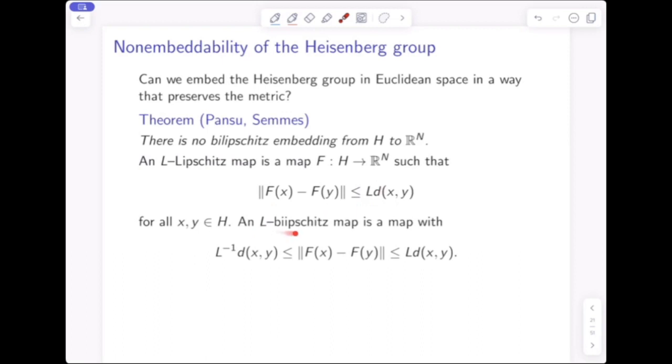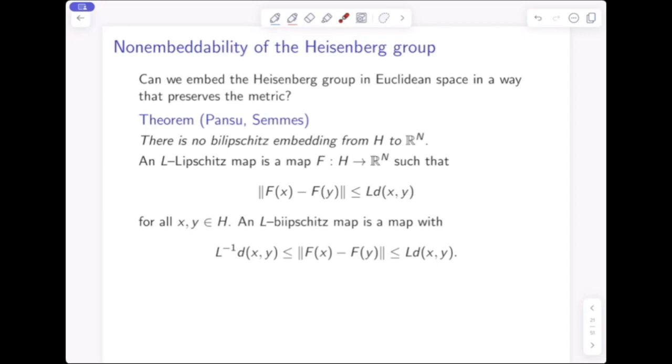And an L bi-Lipschitz map is a map that doesn't stretch distances too much in either direction. So the distance between f of x and f of y is bounded above by L times the distance between x and y. The map doesn't stretch distances too far. And the distance between f of x and f of y is greater than or equal to L inverse times the distance between x and y. The map doesn't squash distances by too much either.